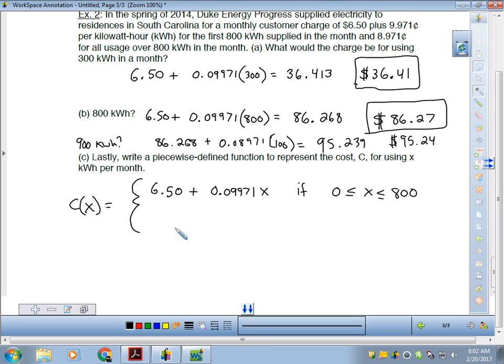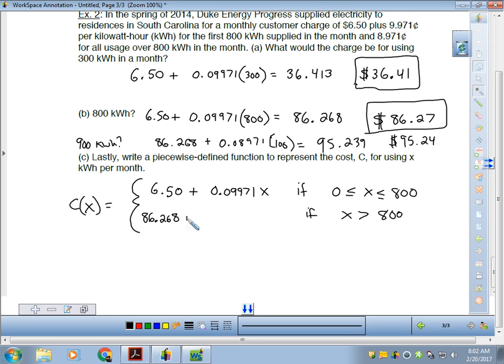The second equation is for what if we're above 800? What if X is greater than 800? Well, that's where we kind of look at this other thing we wrote with the 900. We have to account for the first 800 that we already used, which means we need to pay this much money. We need to pay the 86.268, because that pays off the first 800. And then we need to pay for how much above 800 we are.